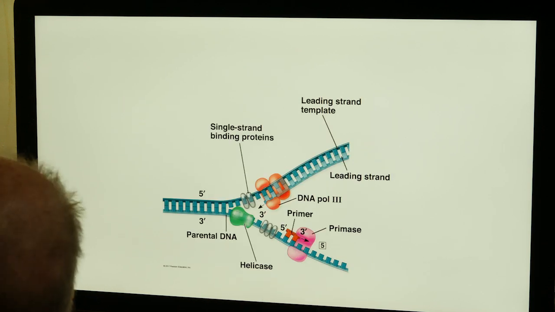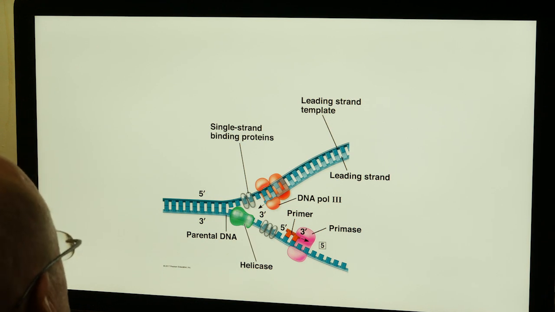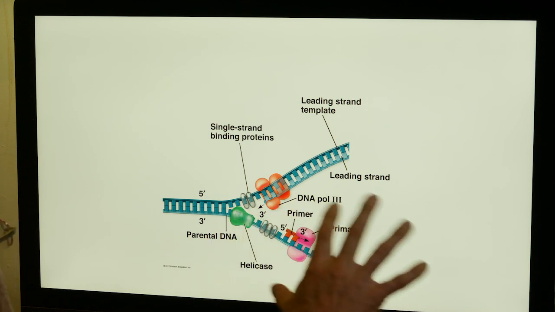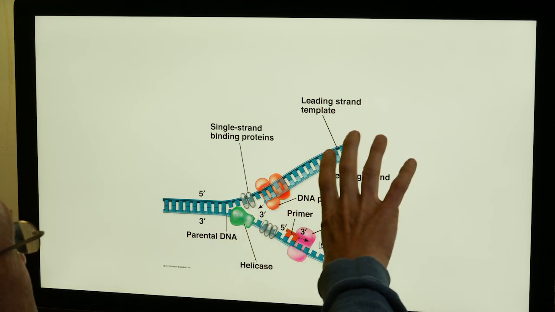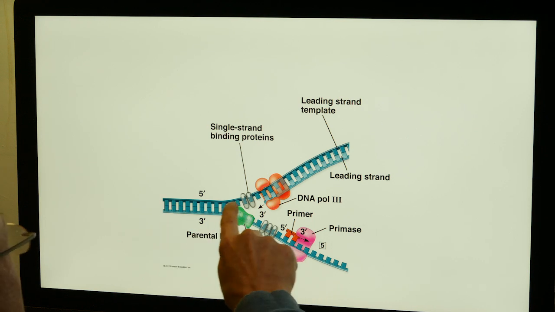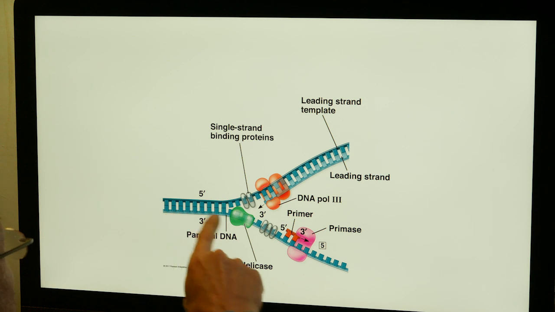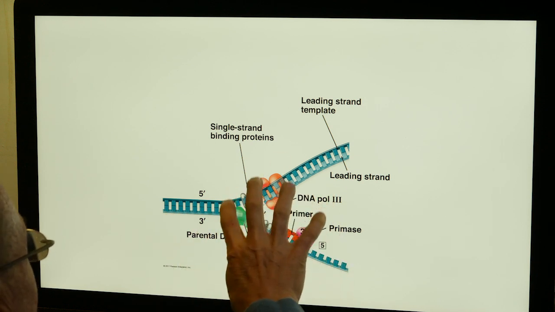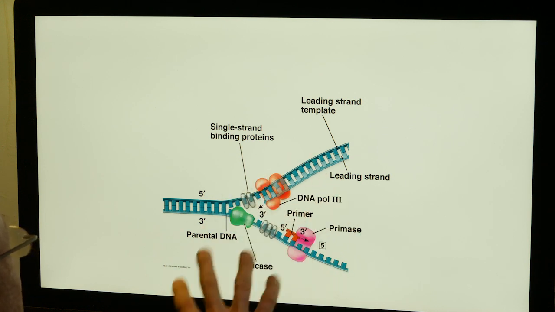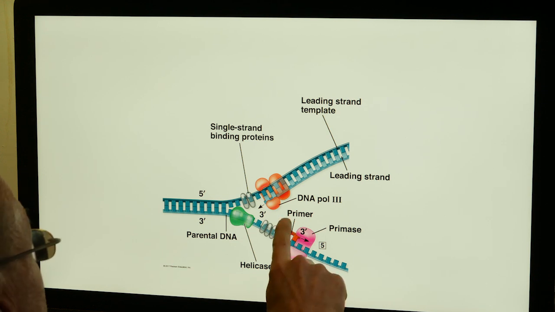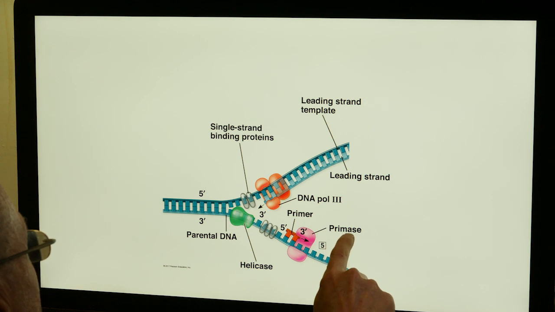There's a lot of exciting players, and I've given you some of these. So first off, let's just take a look at some of what we see here. So here's the bubble, and here we actually have one strand of DNA and the other strand of DNA. And then here you can start to see some exciting things happen. Now I'm not going to stick on this slide too long, but helicase was on our list of items. We've talked about primers. I didn't even talk about primase.